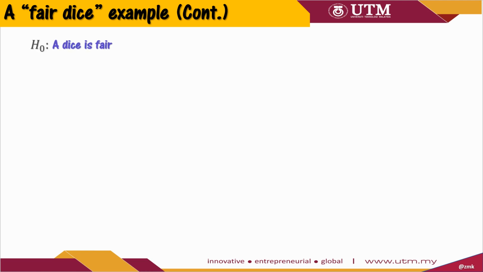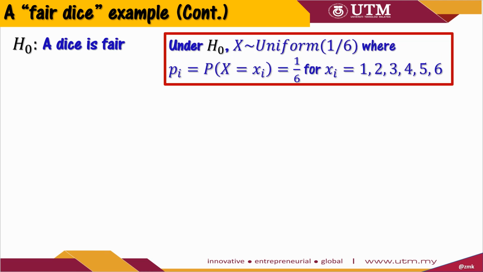Under H0, the dice is fair, which implies that under the null hypothesis, the values on the dice when the dice is tossed, denoted by the random variable X, follow a uniform probability distribution with a parameter 1 over 6. The value 1 over 6, denoted by pi, is the probability that X equals a particular value xi, for i equal to 1, 2, until 6.